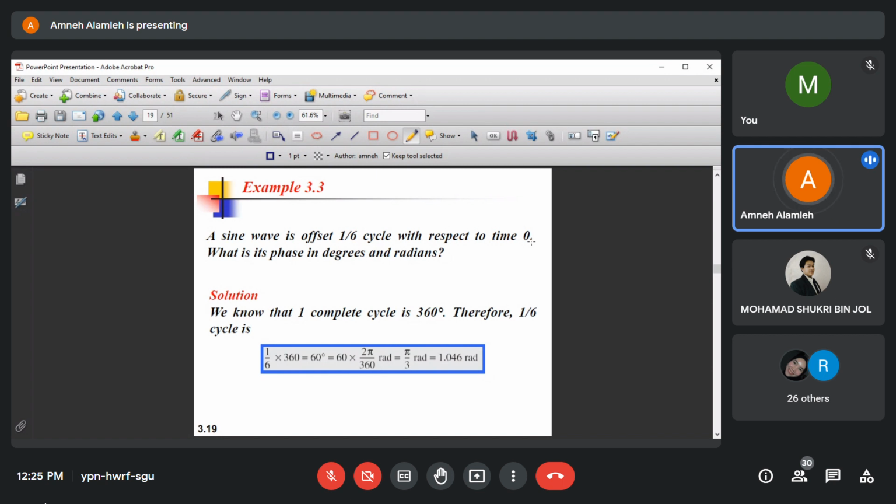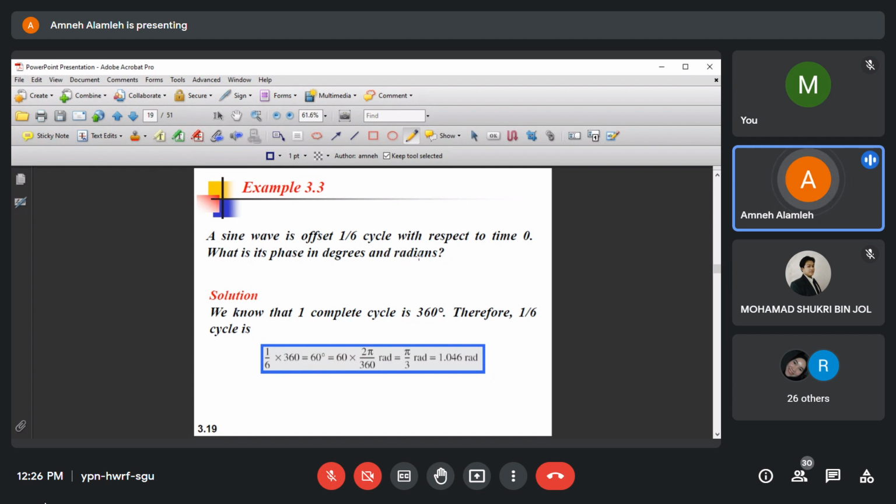If it starts 1/6 of the cycle with respect to time 0, what is its phase in degrees and radians?